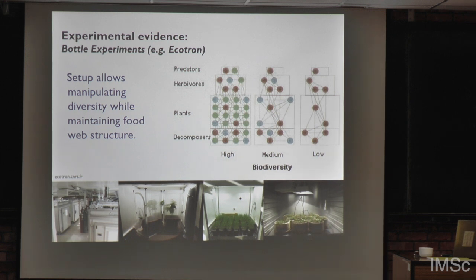Now, it turns out that these kinds of experiments are extremely hard to do, because most of the time, at least in the initial phases, they would take a few species, some decomposers, some plants, some herbivores and some predators, put them in a chamber, and enclose it completely. So essentially it's completely isolated from the rest of the environment. The sunlight is provided by lamps, and they have artificial winds set up with fans and so on.